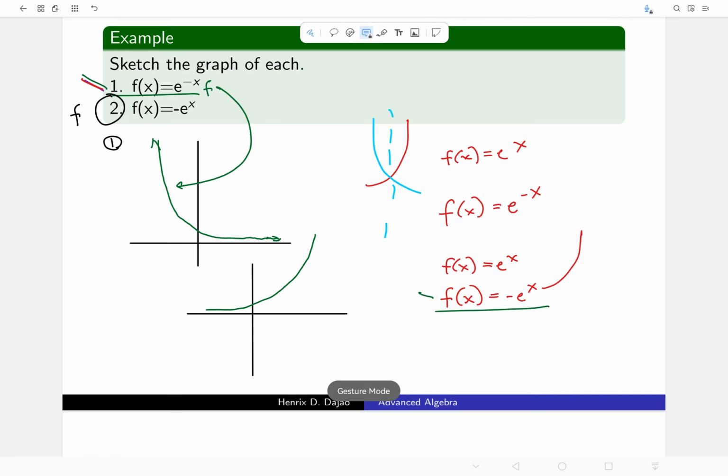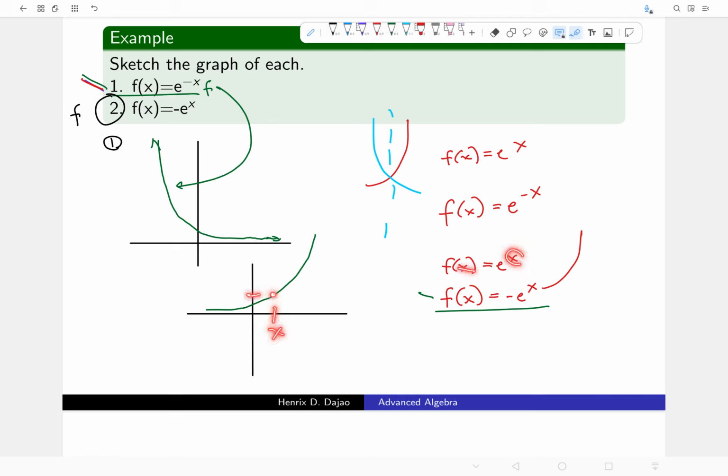So we already knew that for any x, we have a corresponding e raised to x. Now if this becomes negative, the corresponding point now is here on the opposite side of our y-axis.